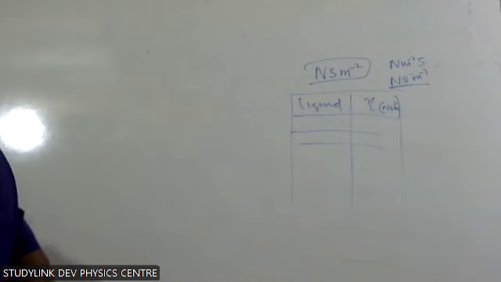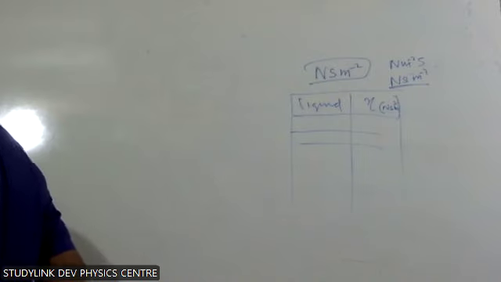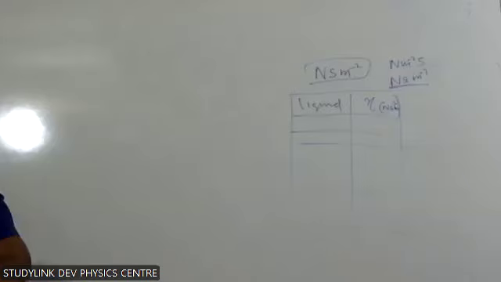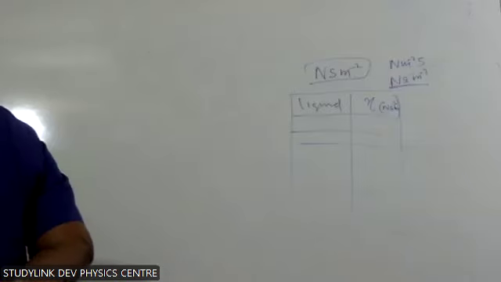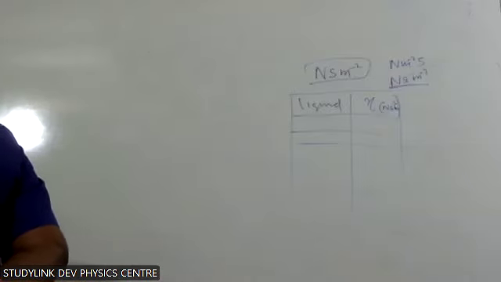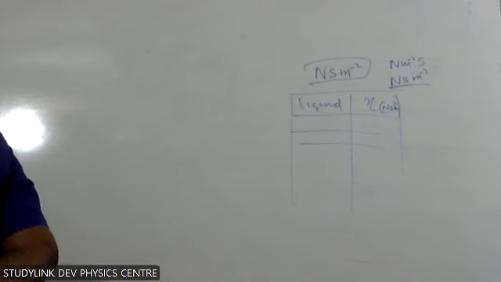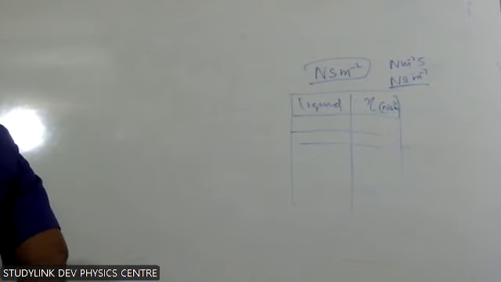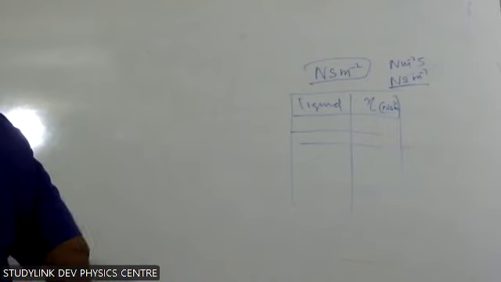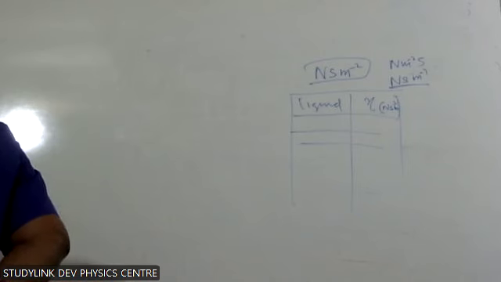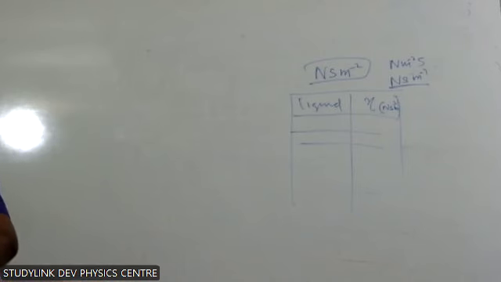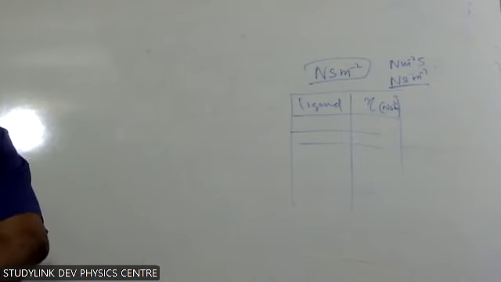Second, water, 1 into 10 to the power minus 3. Third, mercury, 1.5 into 10 to the power minus 3. Blood, 3 into 10 to the power minus 3.